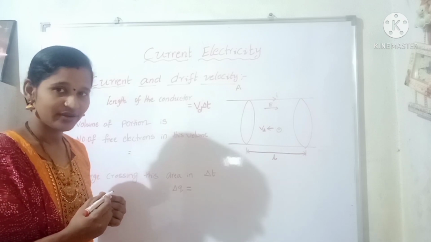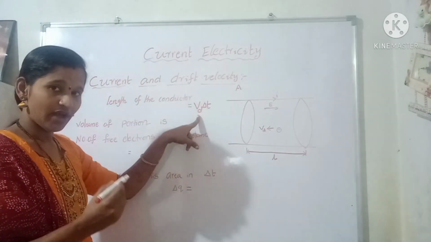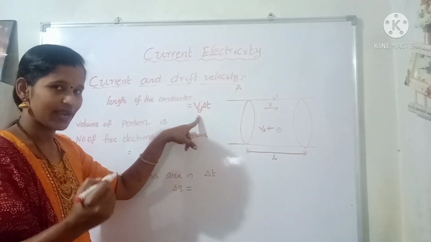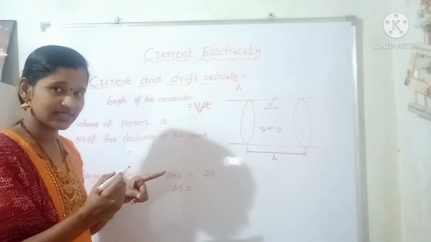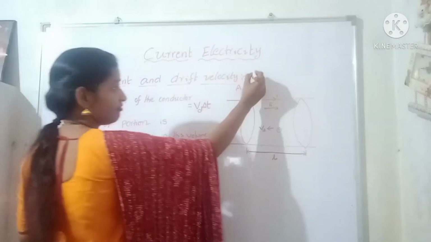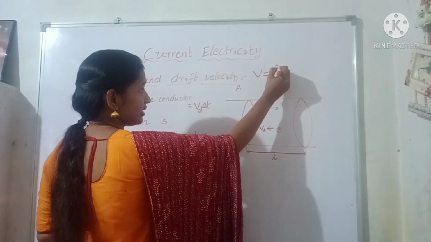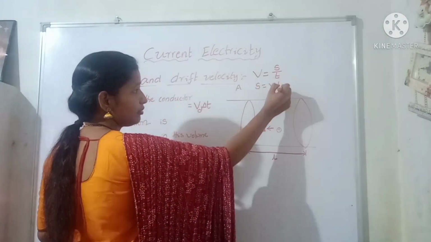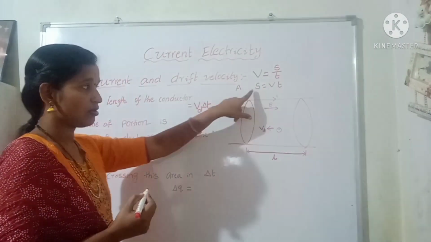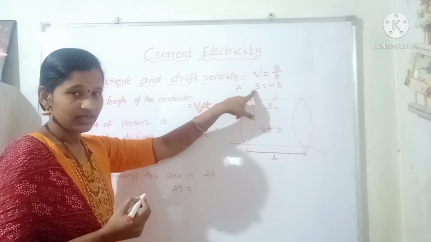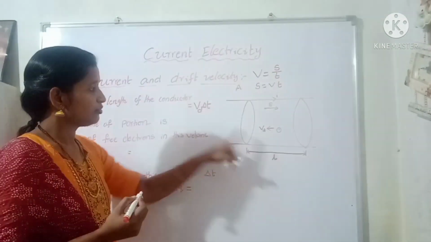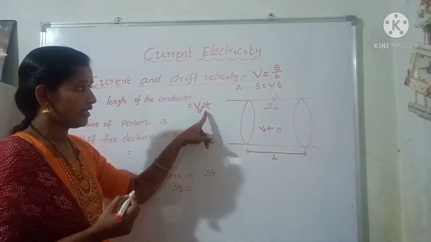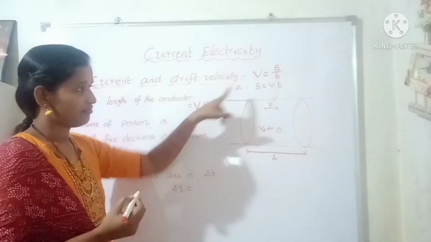So distance S equals V into T. Here, for distance we are taking the length, so length equals Vd into delta T.